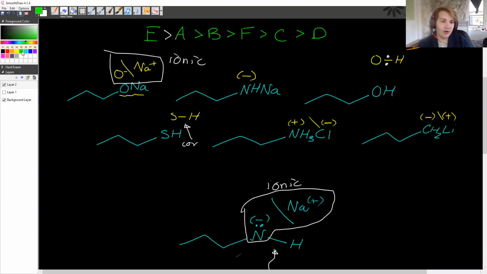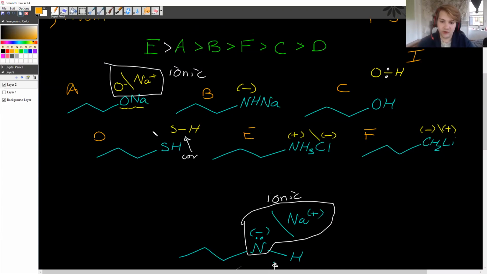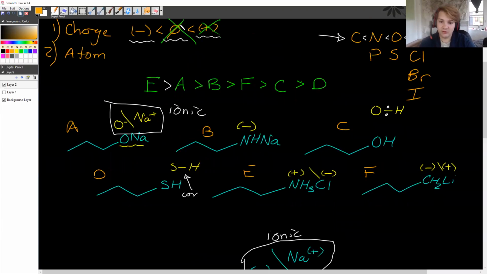Cool. Let me give these some labels so that we're all on the same page. We'll call them A, B, C, D, E, and F. What's my first rule? My first rule is positive, right? How many positive molecules do I have? I have one, so I know that that's going to be most acidic.